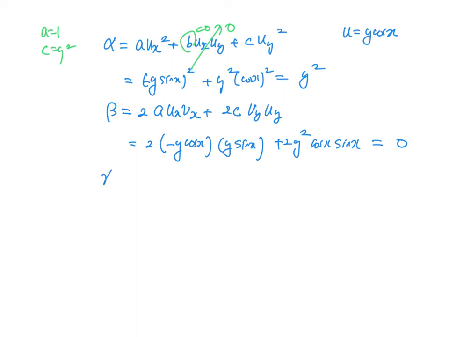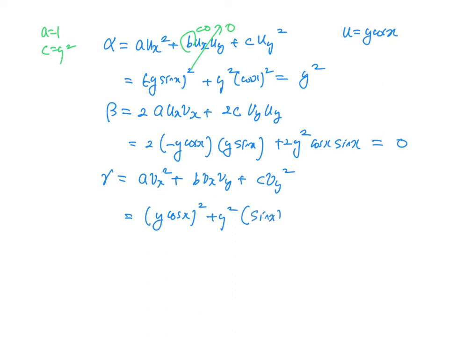Gamma is A v_x squared plus B v_x v_y plus C v_y squared. A was 1, so v_x squared is y cosine x squared, and B is 0, C is y squared, and v_y is sine x, right? So this is y squared.